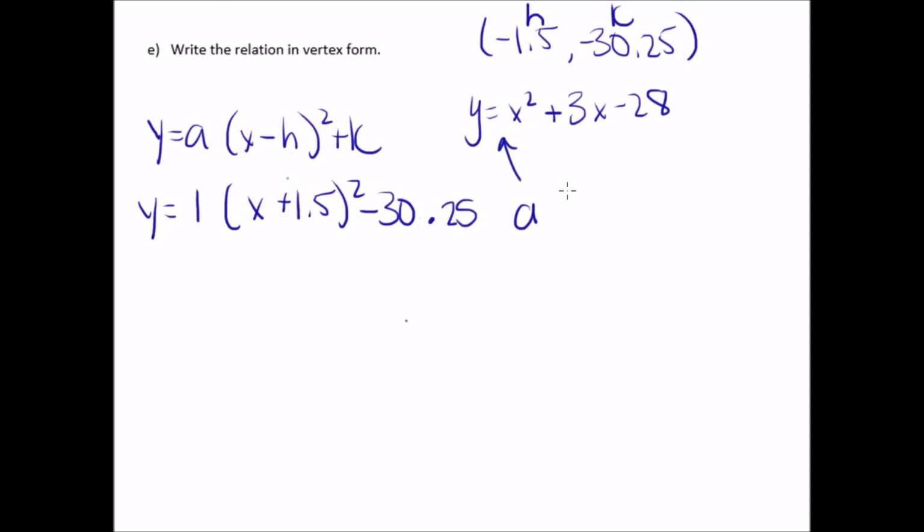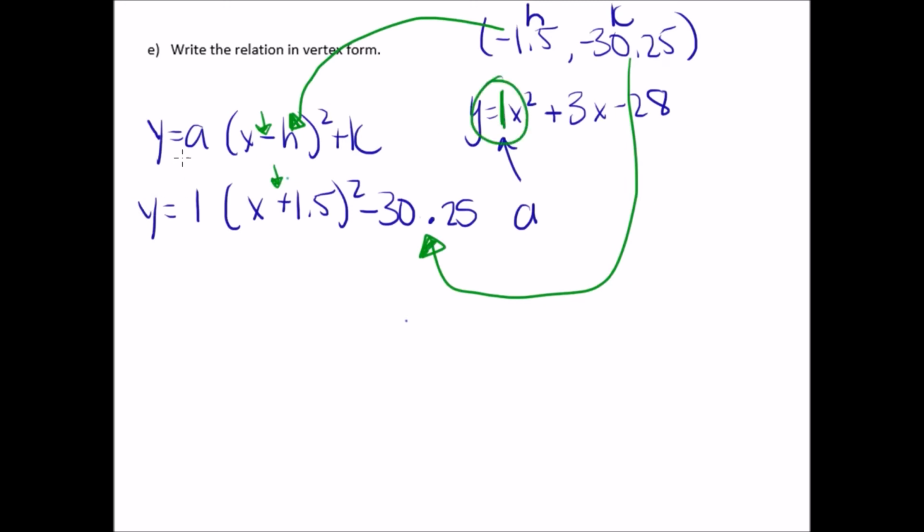Okay, so just to line these up, this negative 30.25 is the k value. This negative 1.5 subs into this negative h, and because of the double negative, it now becomes positive, and our a value is 1. We can actually leave that 1 out of the equation, and it's still equivalent.